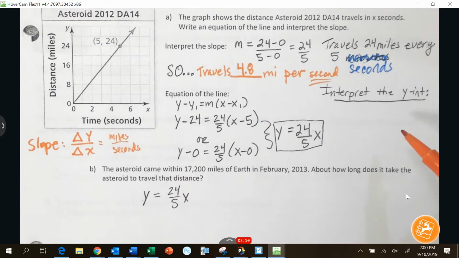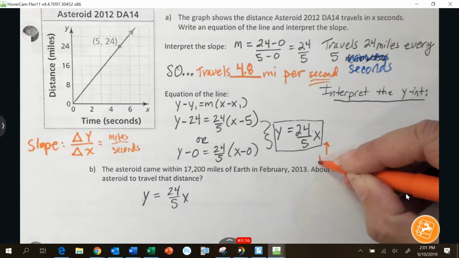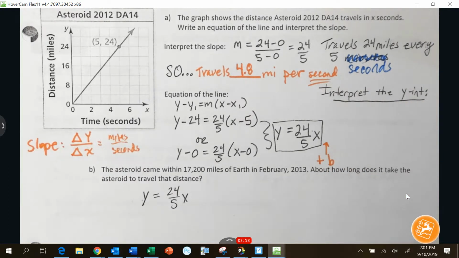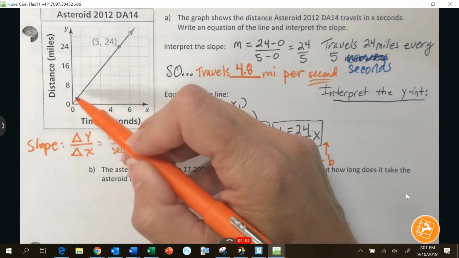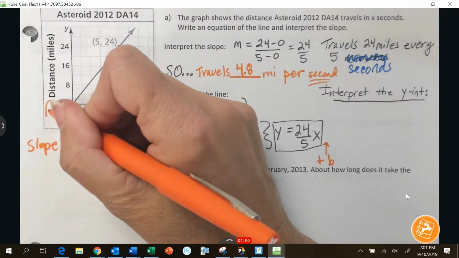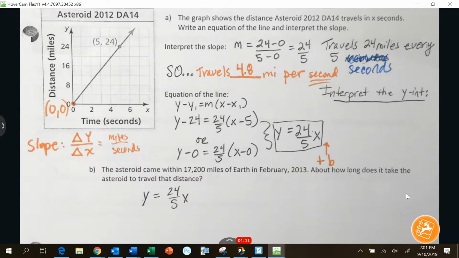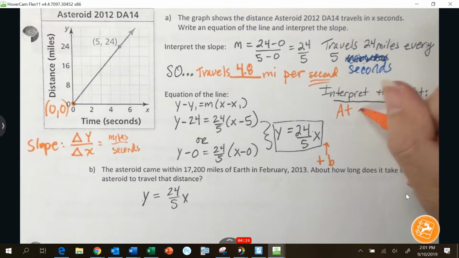If we need to interpret the y-intercept, the y-intercept is this plus b at the end of the y equals mx plus b equation, or on the picture, if there's a picture, it'd be where it crosses the y-axis. What does that mean for this situation? At 0 seconds, there's 0 miles.